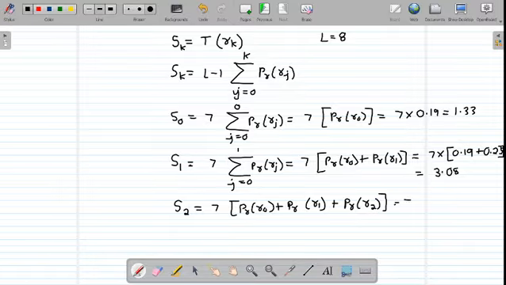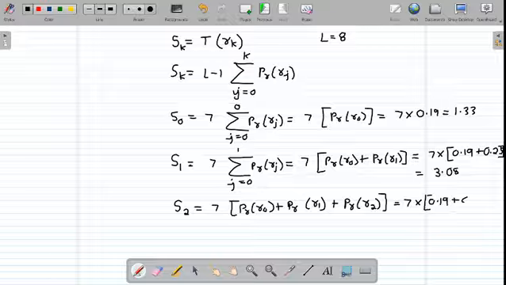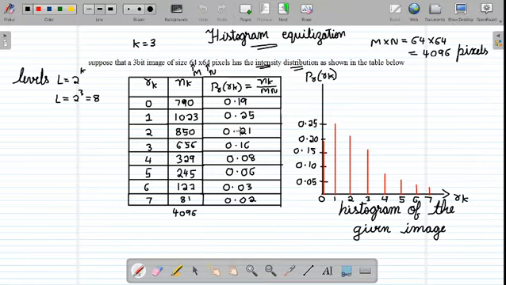So that is nothing but 7 into 0.19 plus the probability of R1, which you already know is 0.25, plus the probability of R2, which is 0.21.